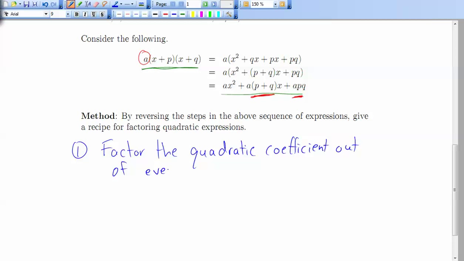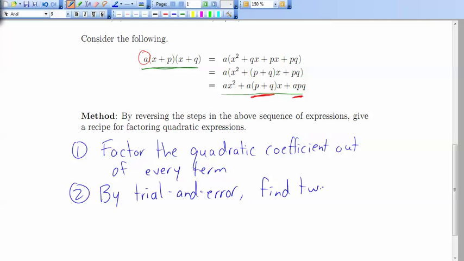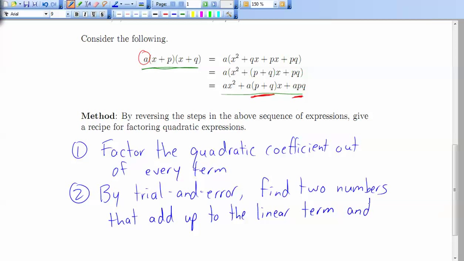Now after that, we're going to try to, and this is through kind of guess and check, find two numbers that add up to the linear term and multiply to give us the constant term.